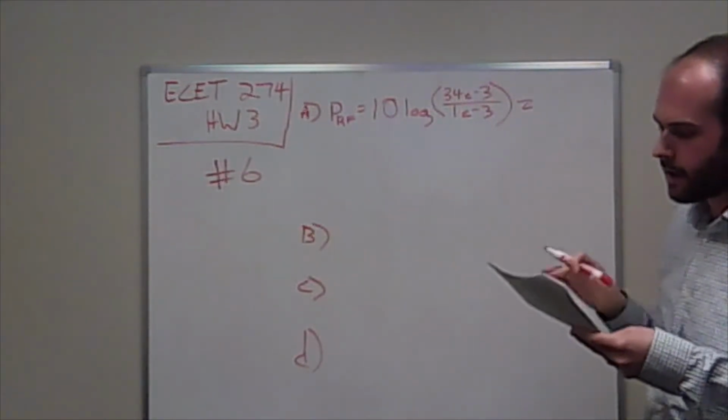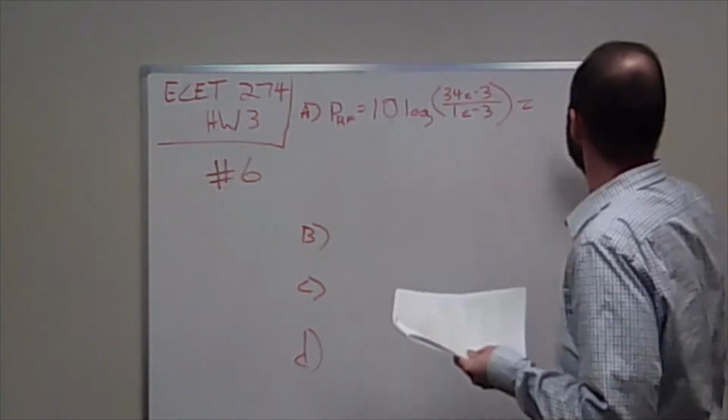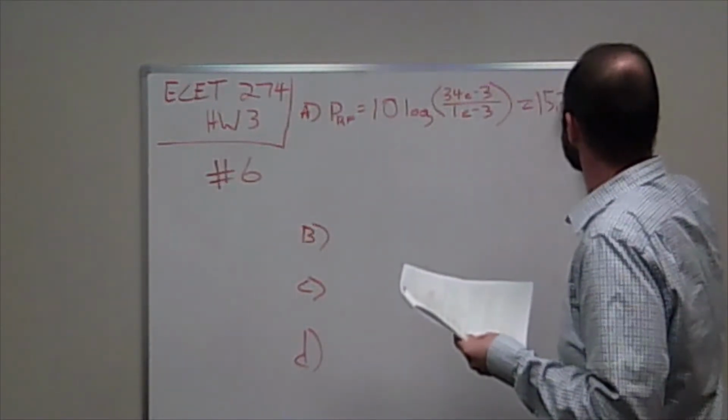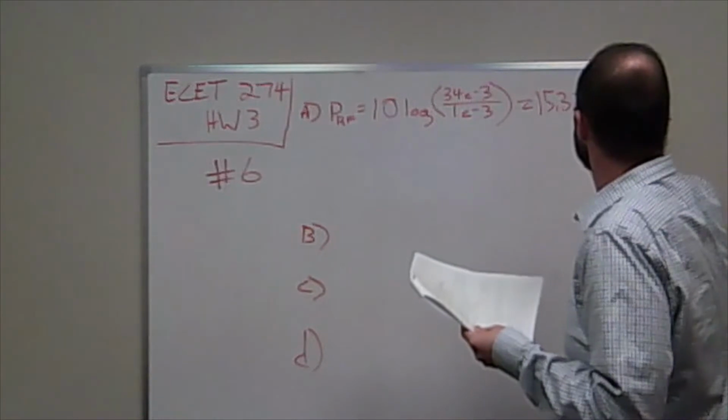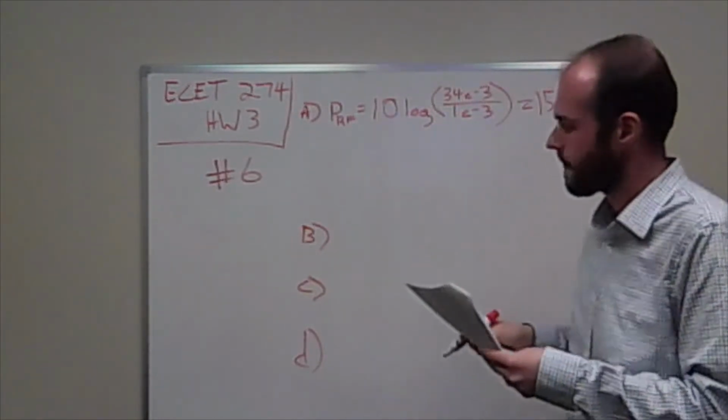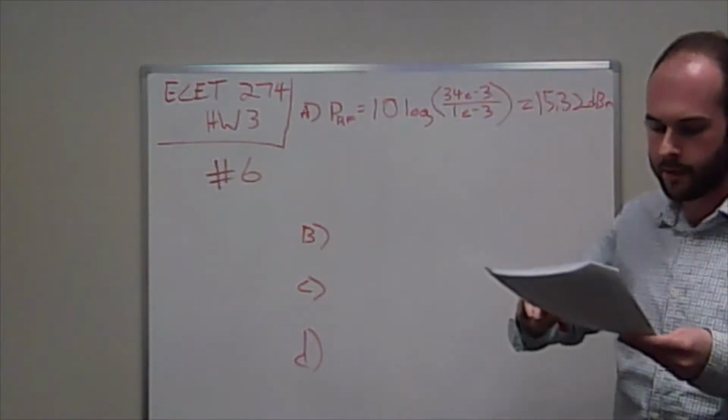And so we plug that in, we end up with 15.32 dBm. Alright, so that's what it wanted for A.